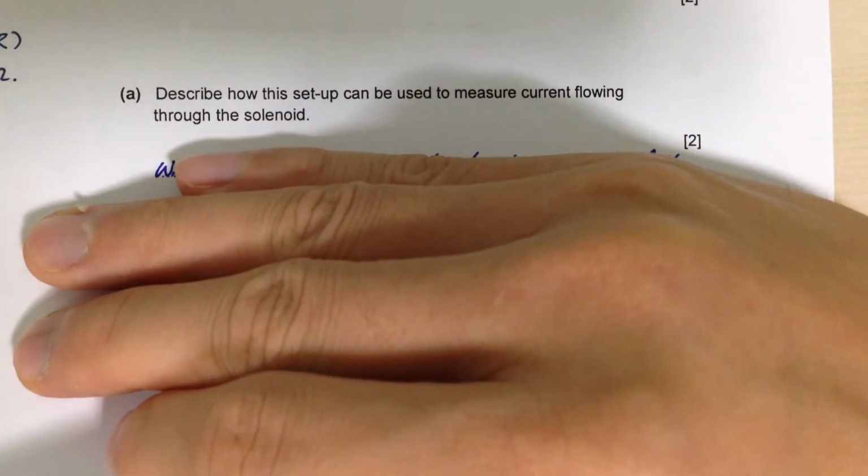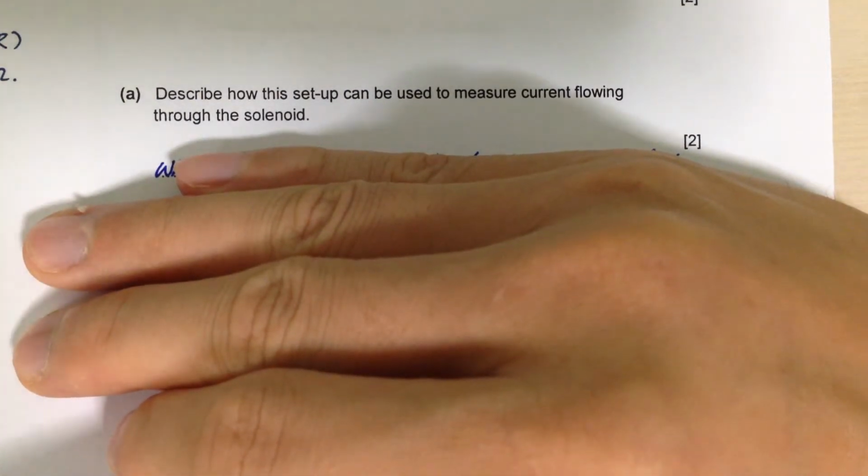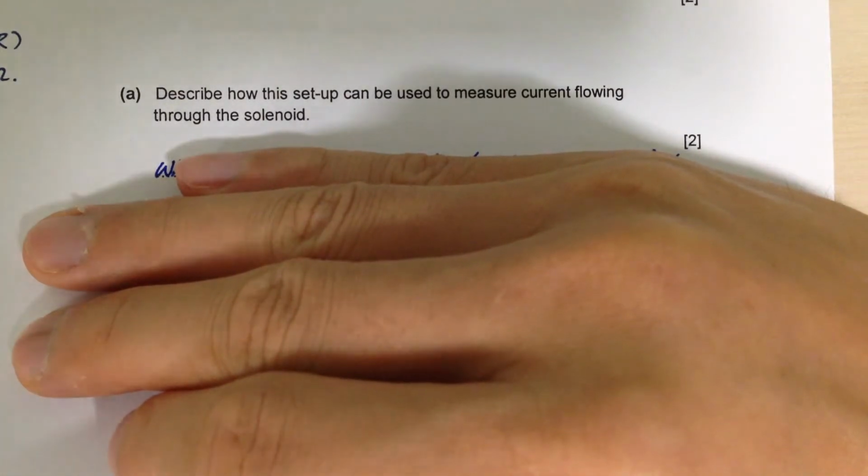So once you have tried it on your own, then check against my answer. Okay, I want you to use as many scientific terms as you can. What do I mean by scientific terms? Like moment, forces, interaction, magnetic field from either the solenoid or from the magnet. Use words like turning effects, use words like deflection.